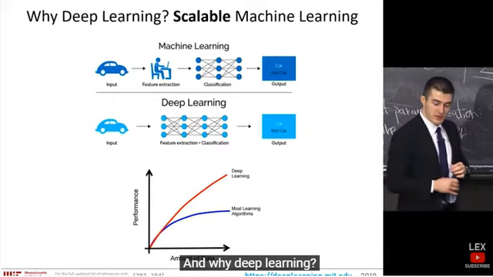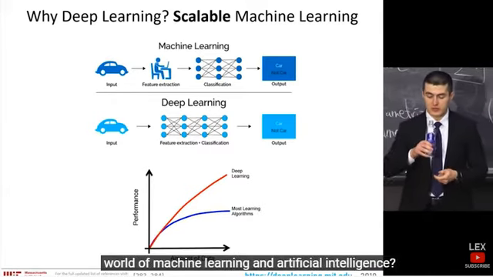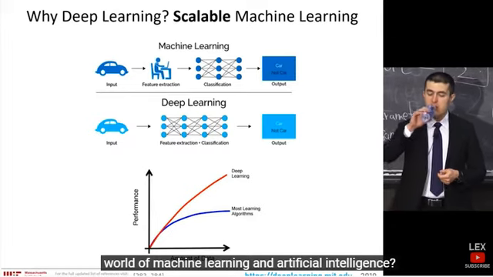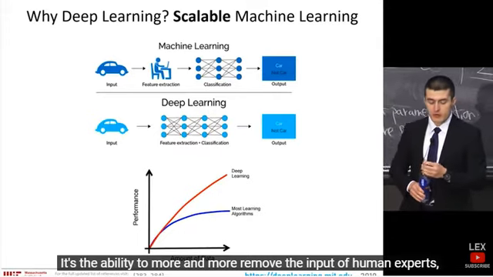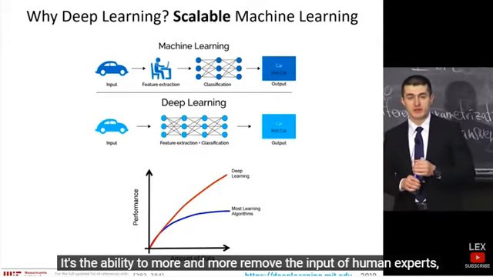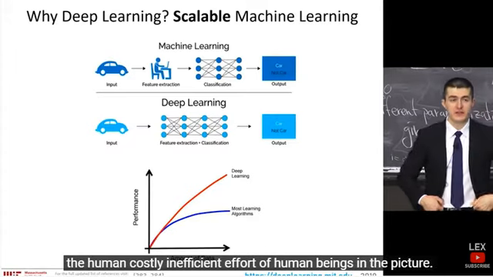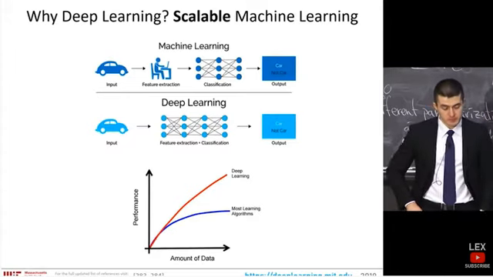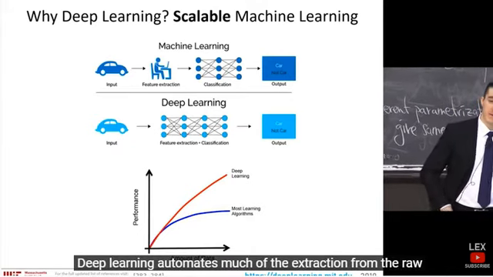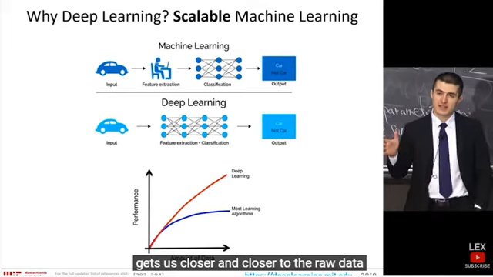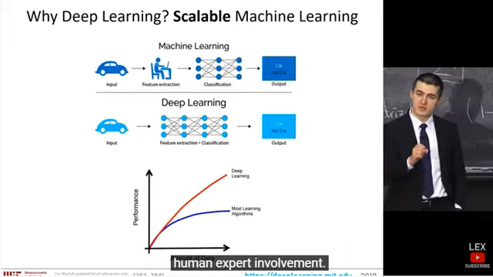And why deep learning? What is so special about deep learning in the grander world of machine learning and artificial intelligence? It's the ability to more and more remove the input of human experts, to remove the human costly, inefficient effort of human beings from the picture. Deep learning automates much of the extraction and gets us closer and closer to the raw data without the need of human expert involvement.